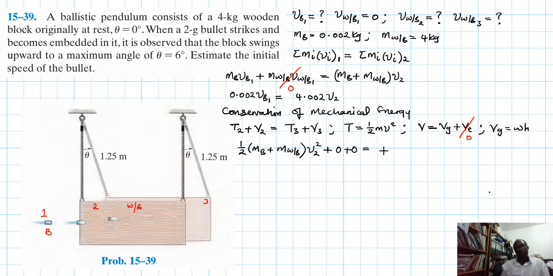This is equal to kinetic at 3 is 0. Potential is we have WB plus WB times H3.